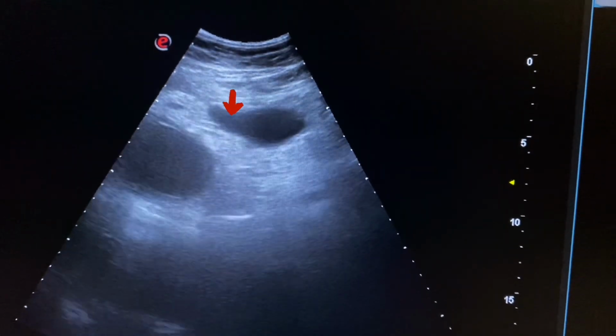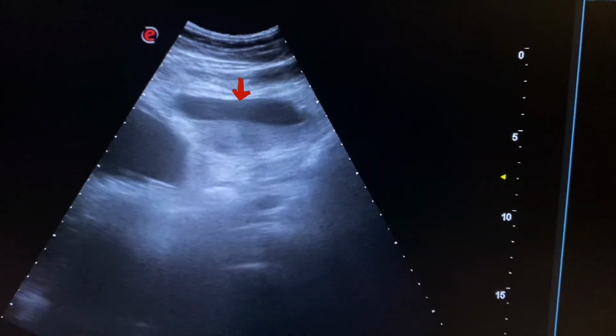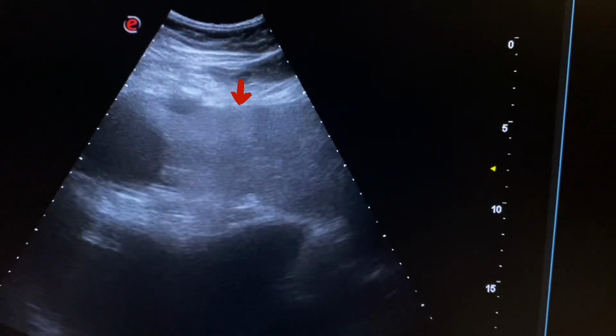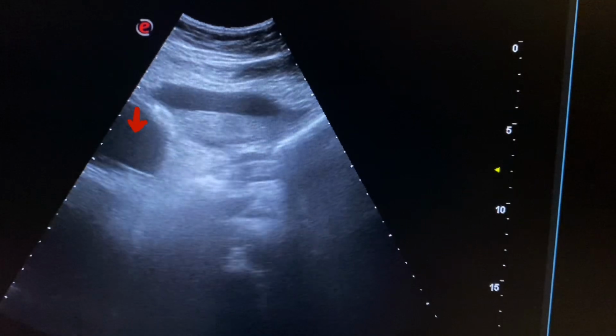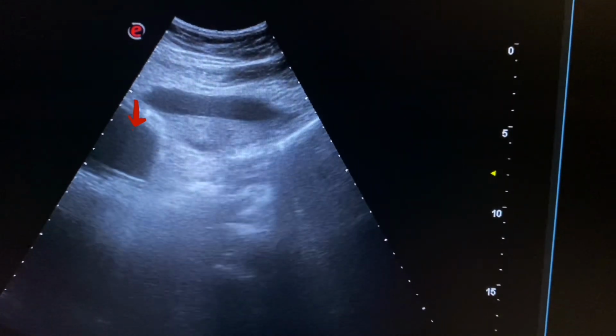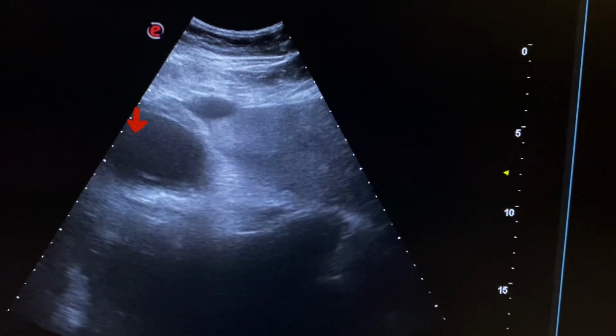The patient is feeling pain or tenderness at epigastrium area. Here we see another hypoechoic area or fluid or collection.